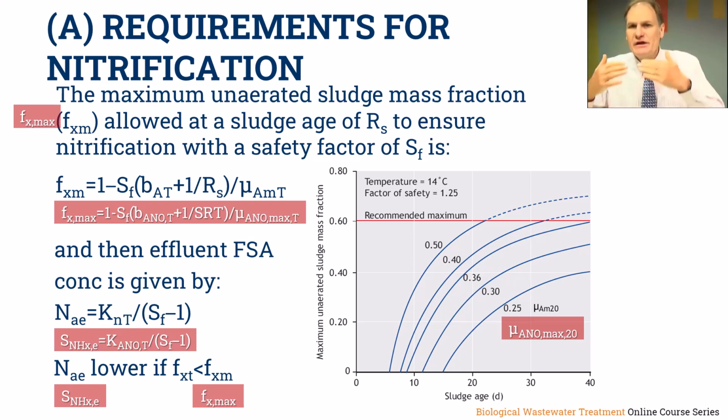Does it have to be extremely low? If it is, you can see I will be forced to choose long sludge ages because I will need large unaerated sludge mass fractions in the system.